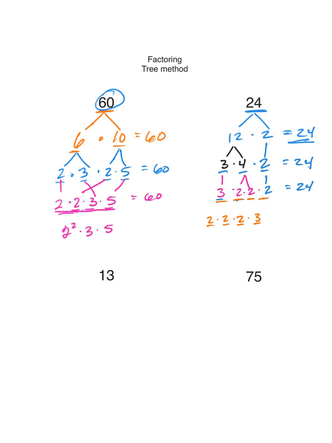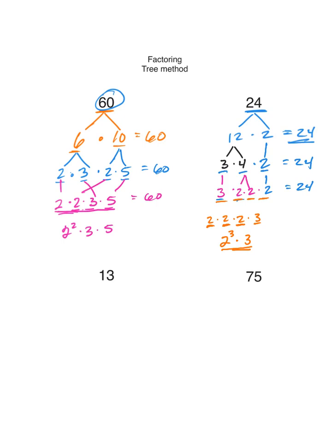Again, this is the expanded form, and when I write it in exponential form, I can see that I have 1, 2, 3 factors of 2. So 2 is the base, and the 3 represents how many factors I have of that number. So this is 2 to the third times 3, and this is the exponential form of that number.